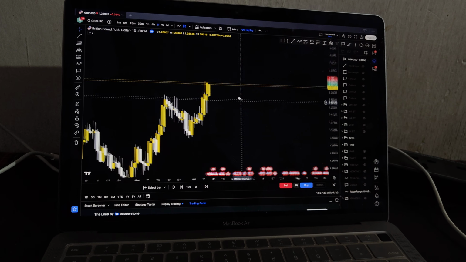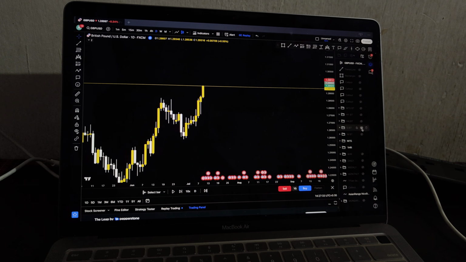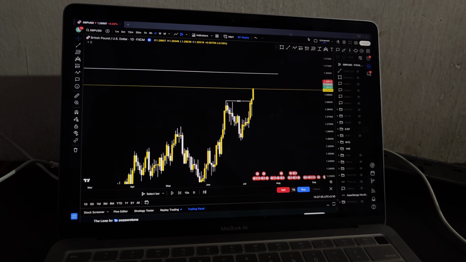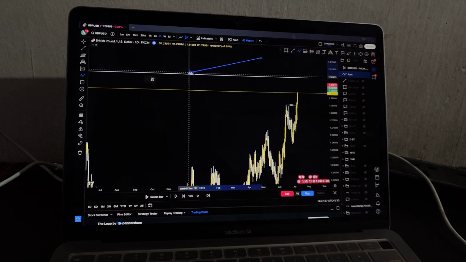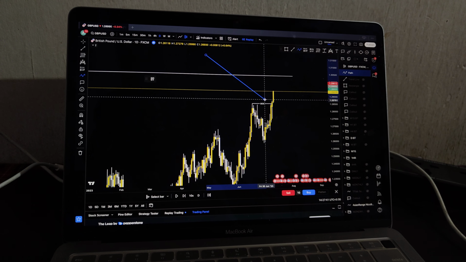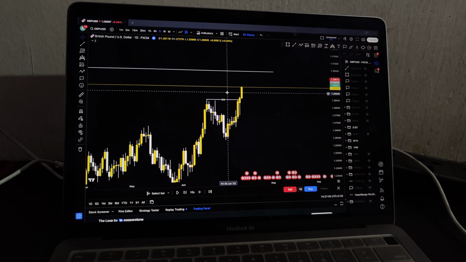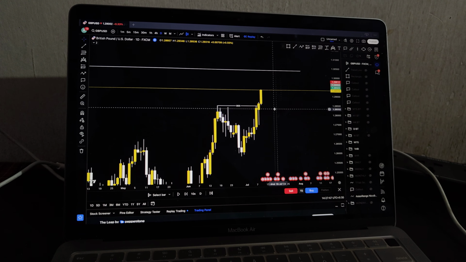It was US CPI. Now let me show you my analysis. The daily time frame, this is the break of structure, as you can clearly see, and this is the draw of liquidity. The draw of liquidity is an area in the market where the price is drawn. Why?